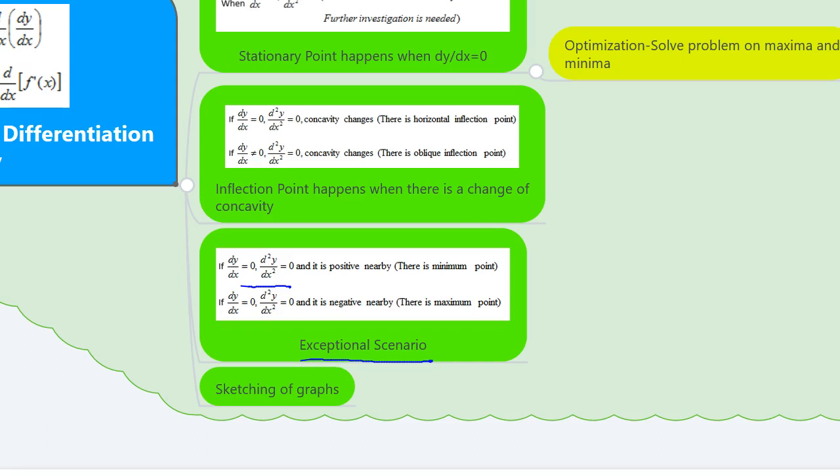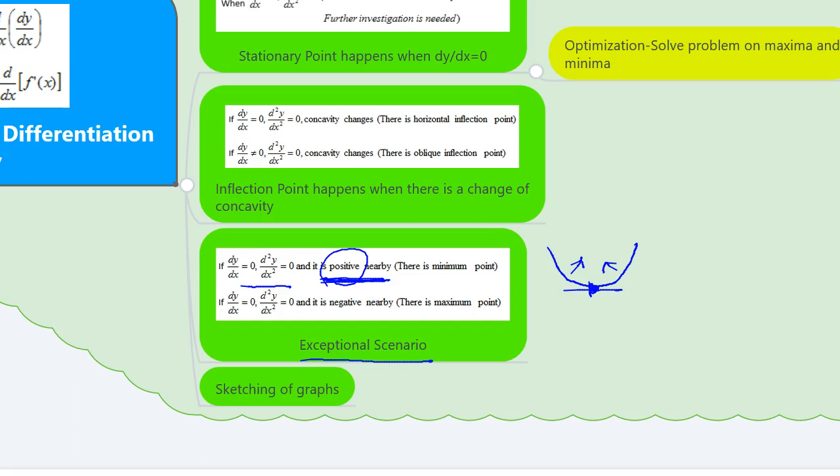When we do the test and realize that d2y/dx2 is positive both before and after that point, the shape of the curve is like this: both concave upwards. Let's say this is the point. Before that point, the curve is concave upward, and after that point it is also concave upward, because positive. Therefore, we will not have a horizontal inflection point, but we will have a minimum point.